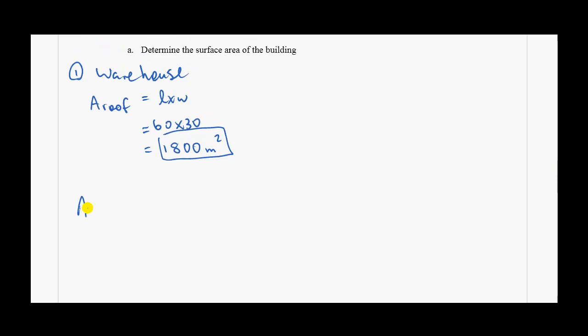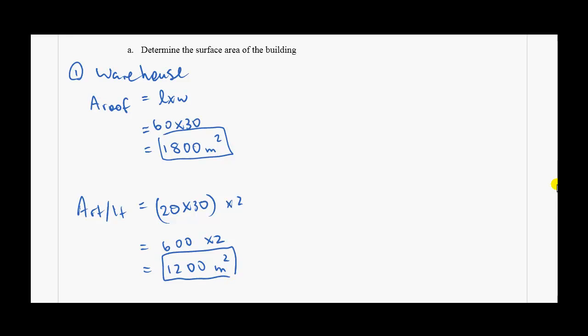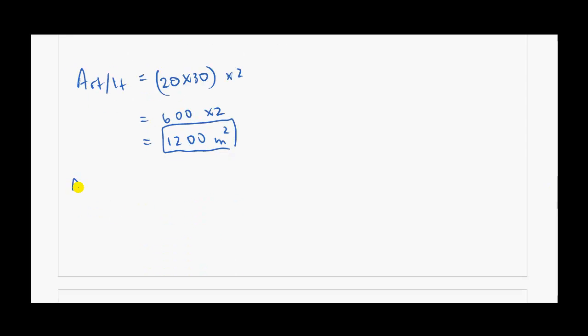The area of the right and left walls are 20 by 30, and there are 2 of these. 600 times 2 is 1200 square meters. Area of the front and back, 20 by 60. 1200 by 2, 2400 square meters.